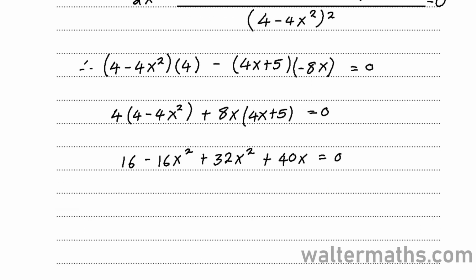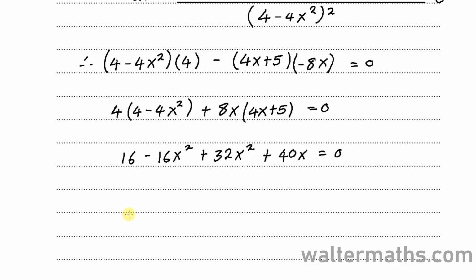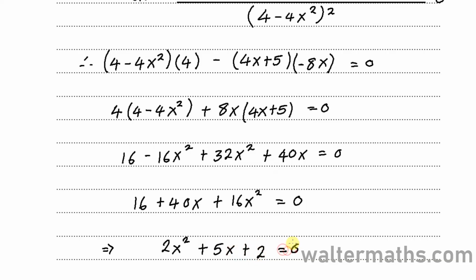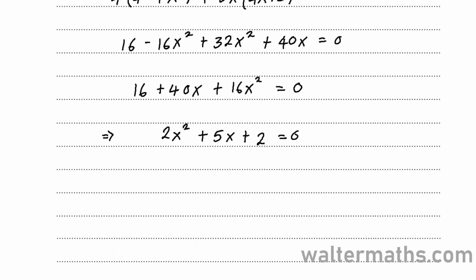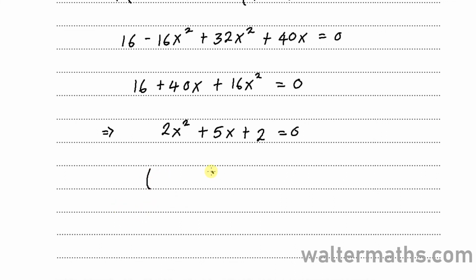So rearranging, we'll be having 16 plus 40x, and for minus 16x² plus 32x², we get 16x², and that's equal to 0. Now dividing all the terms by 8 and rearranging, we'll be having eventually 2x² + 5x + 2 = 0. So now we can factorize this.